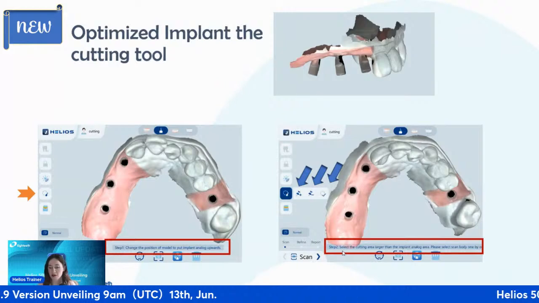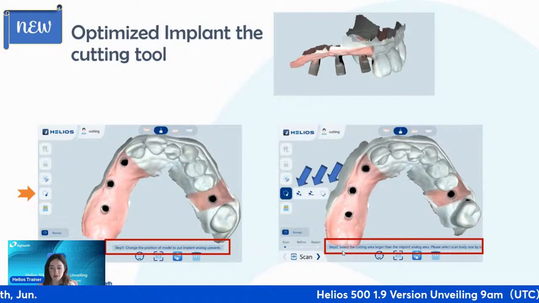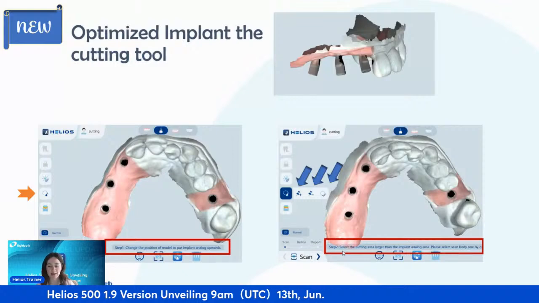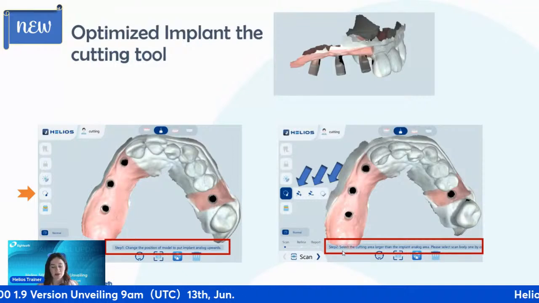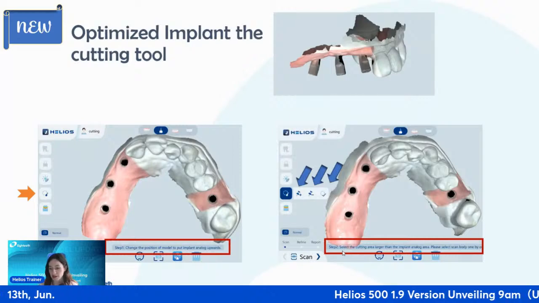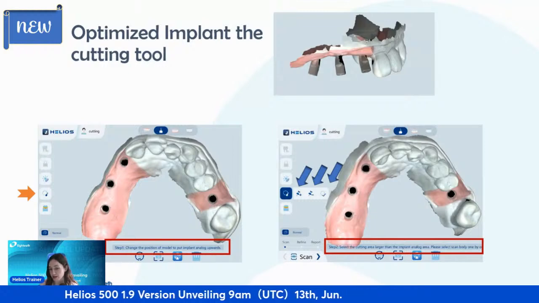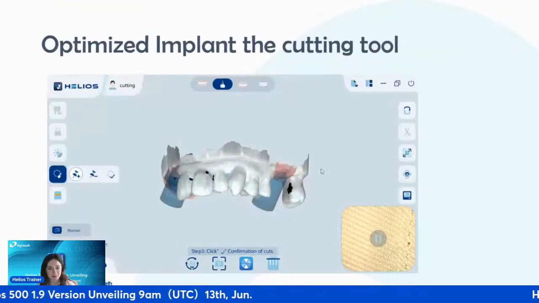We sometimes had difficulties when scanning the implant scan body, where it doesn't add new scans. Mostly this problem is related to the cutting area being too small compared to the scan body area. That's why we put a warning sign here. So we need to select scan bodies one by one, like this.